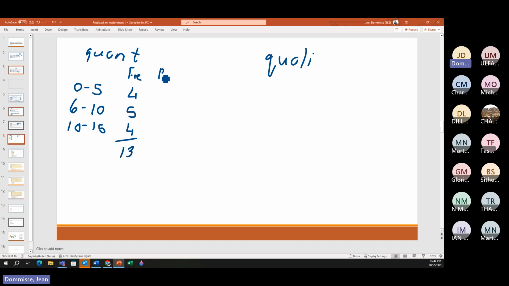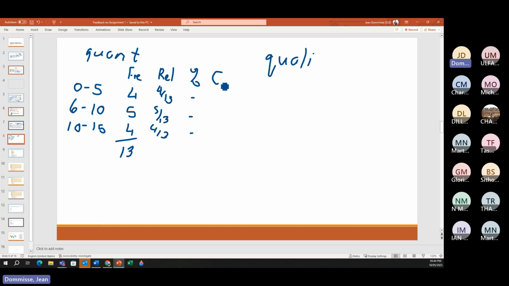Then relative frequency would have been 4 divided by 13, 5 divided by 13, again 4 divided by 13. Then I can multiply it out to get a percentage. I'm not going to do that now.